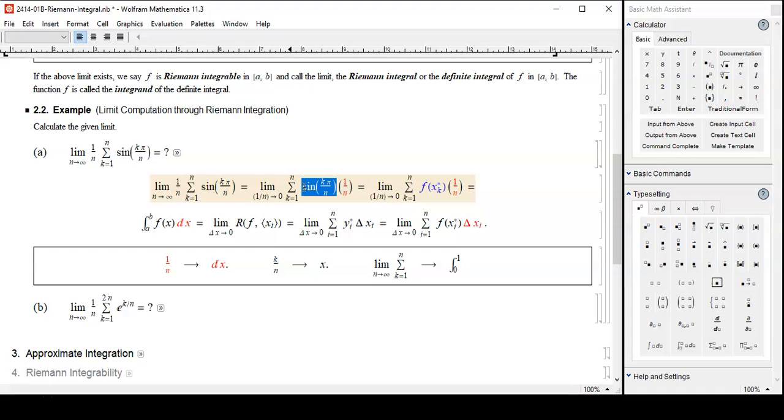And that's got to be this one. And then in the end, we get the integral 0 to 1 f of x dx.